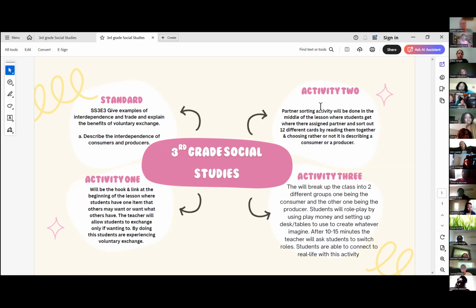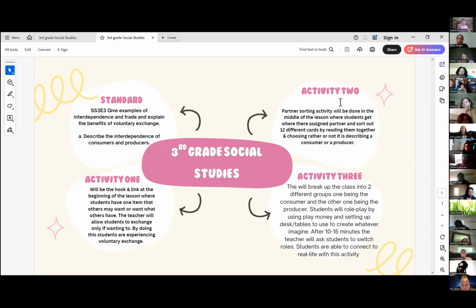Activity two is the partner sorting activity, where the teacher will partner up kids and they will get together and read the cards together and sort them as producer and consumer, which one is a producer, which one's a consumer. And then the last activity, which was my third activity, was my favorite one. And it kind of brought out the kindergarten teacher in me a little bit, but breaking the class up into two different groups, one being the consumers and the other group being the producers.